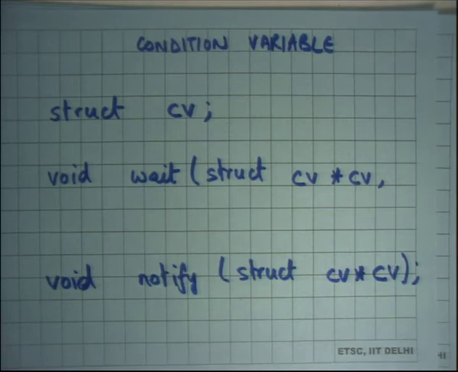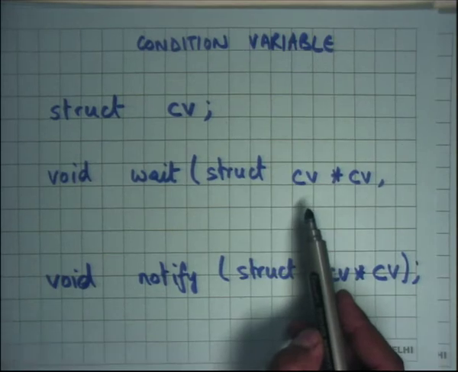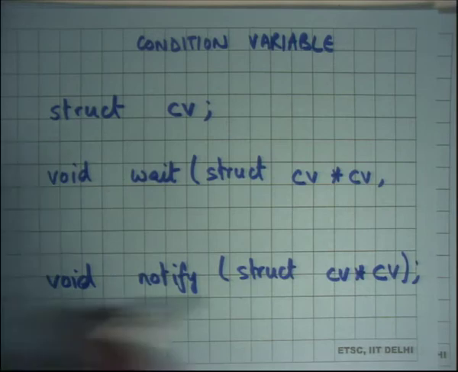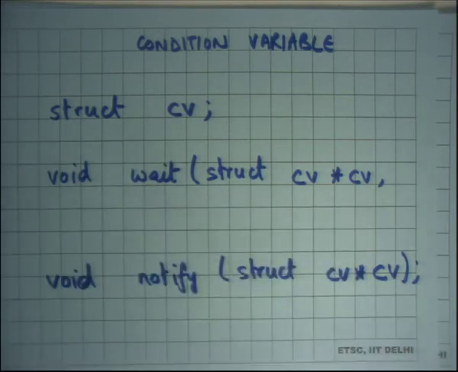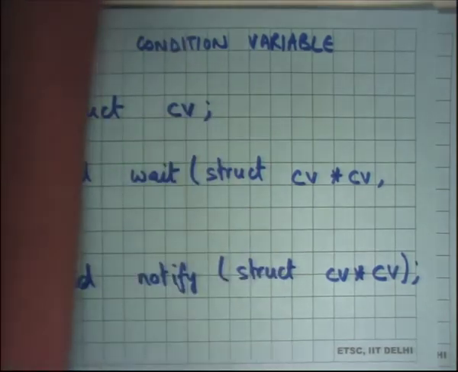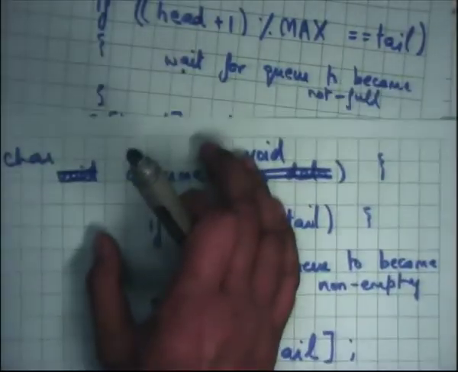Actually, the wait has two arguments, and the second argument I am not writing right now before I explain why we need it. But let us just understand the spirit of this abstraction.